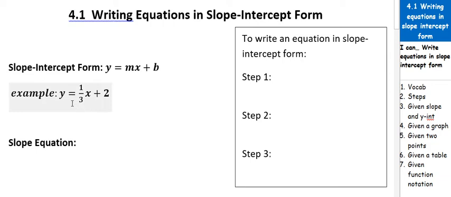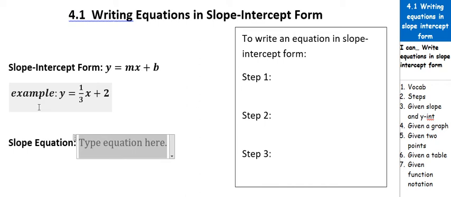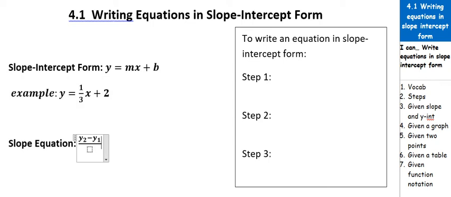What we're going to use today is the slope equation. So this means whenever we have 2 points or a table or a graph or anything like that, we have 2 spots, 2 solutions, we can use that to identify what the slope is. So that slope equation is y2 minus y1 divided by x2 minus x1.